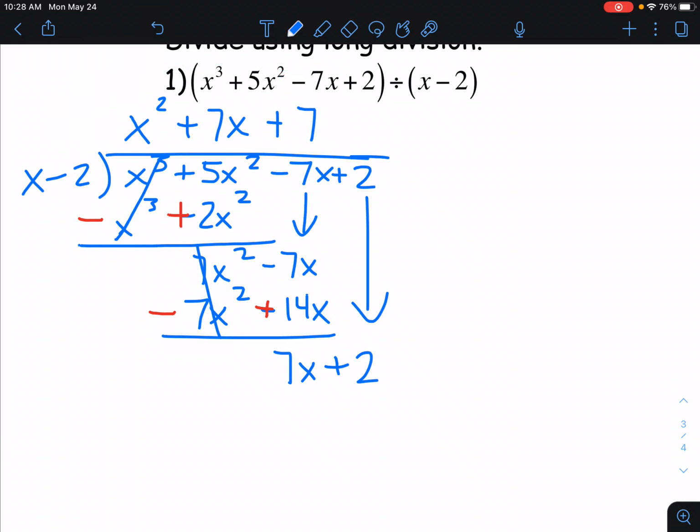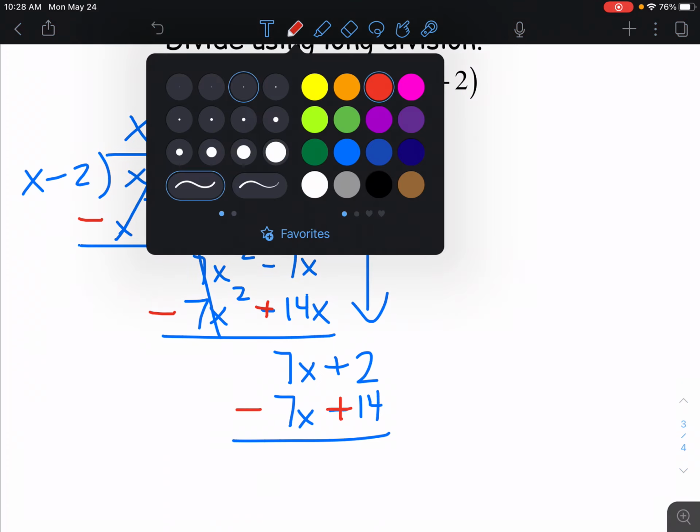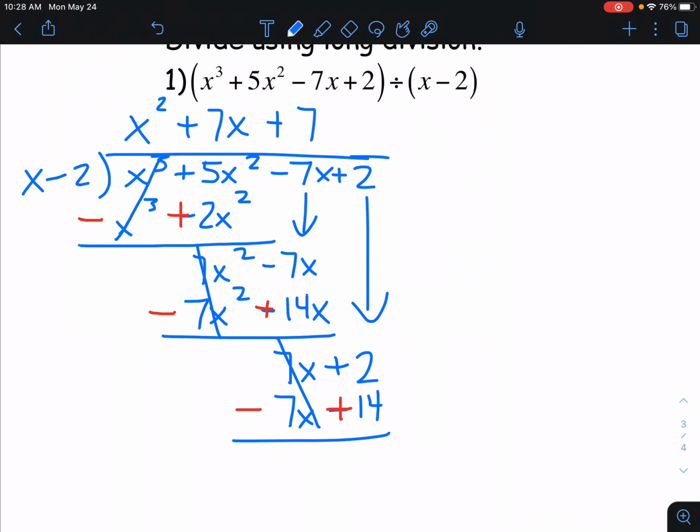Distribute the 7 times x, and then 7 times negative 2. And then change to subtraction for the bottom row. And another double negative changes to plus 14. And then cancel, and then add 2 plus 14 is 16.